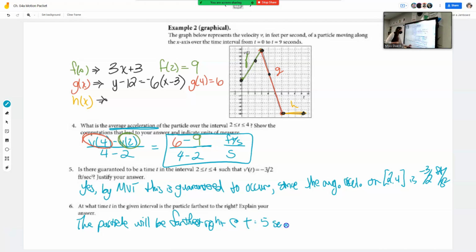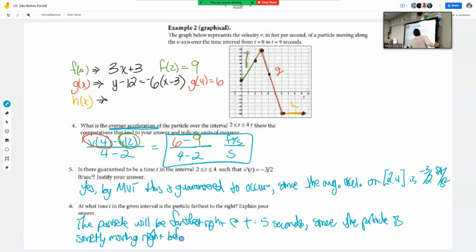Seconds. Since the particle is strictly moving right before that time.